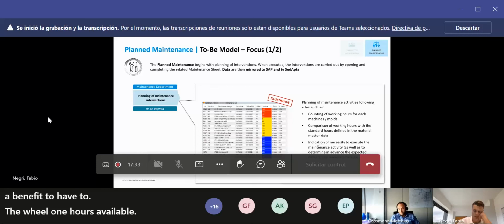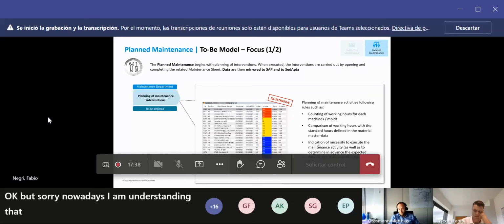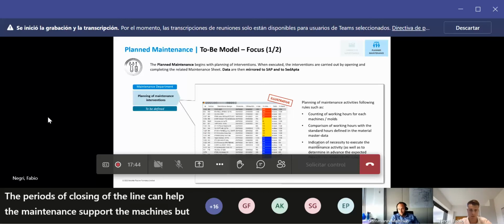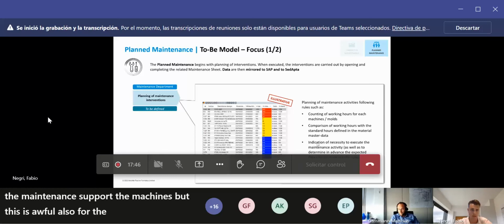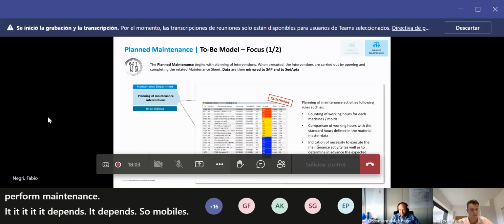Okay. But nowadays I'm understanding that the periods of closing of the line can help the maintenance for the machines, but is this also for the molds, or are the molds maintained during the production, during the years, or you perform maintenance? It depends. I do not know exactly what you mean with molds.